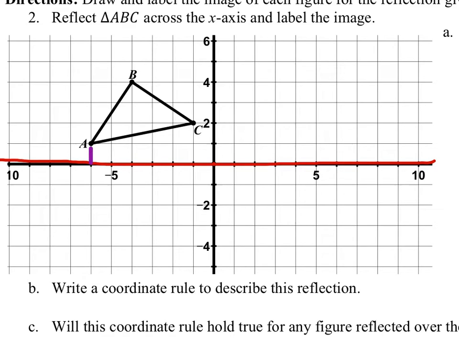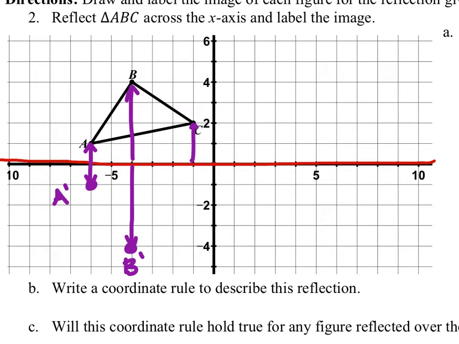So we're going to see that A is 1 up from the x-axis. So A prime will be 1 down right here. Same with B prime. B is 4 up from that line of reflection, so B prime will be 4 down from that reflection.